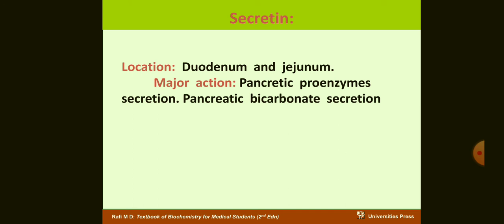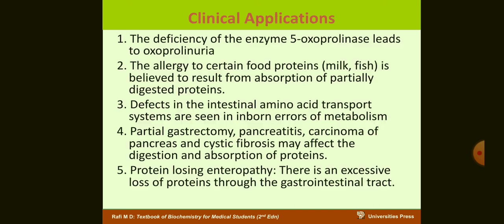Now we go towards the clinical aspect of this amino acid absorption. The deficiency of the enzyme 5-oxoprolinase leads to oxoprolinuria.